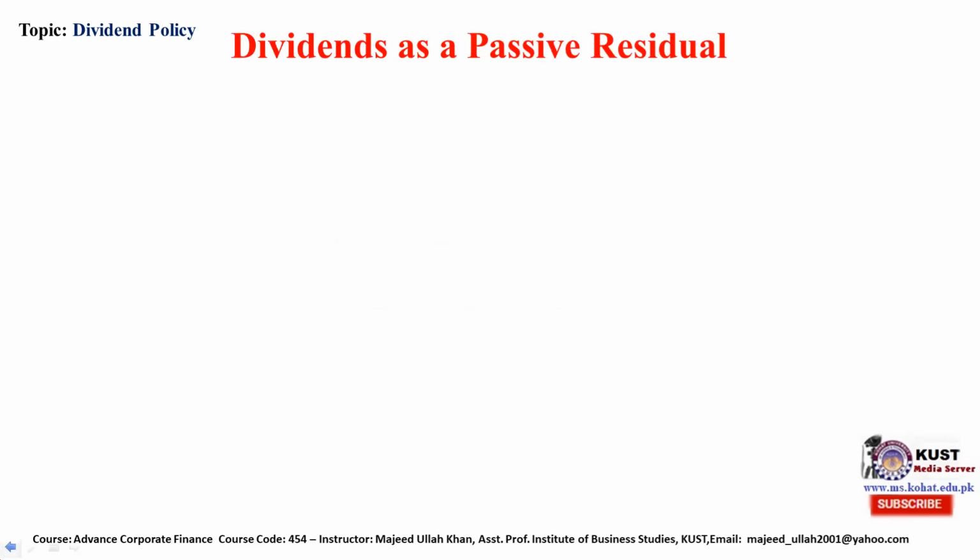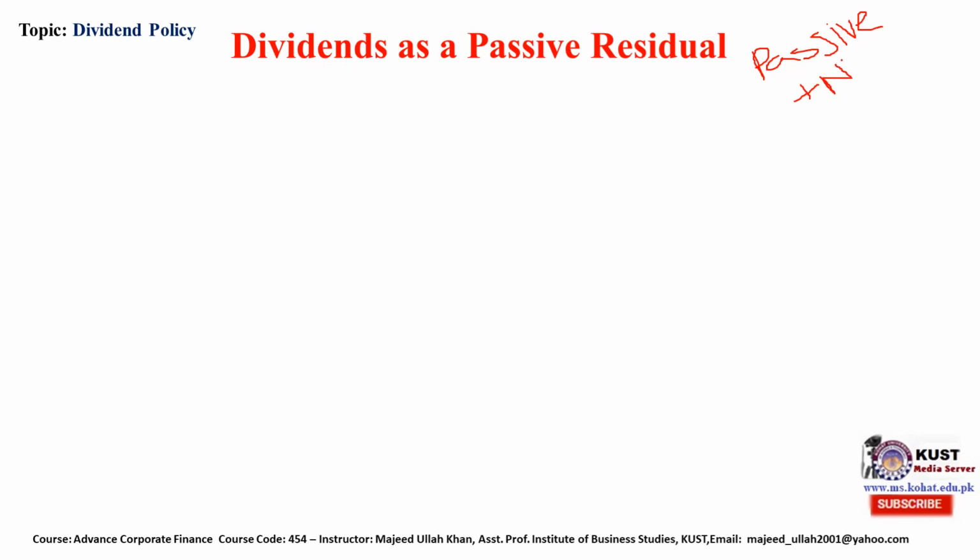Is dividend a passive or active decision? What is a passive decision? A passive decision is where the organization tries to invest the money or profit earned by the company in all positive NPV projects.